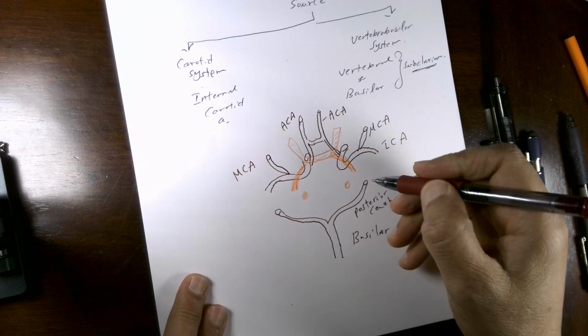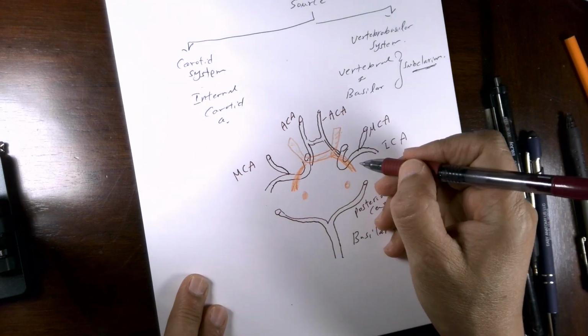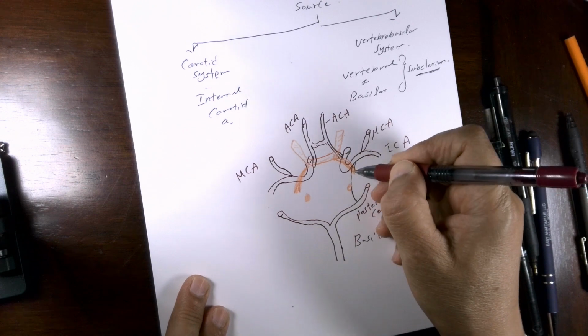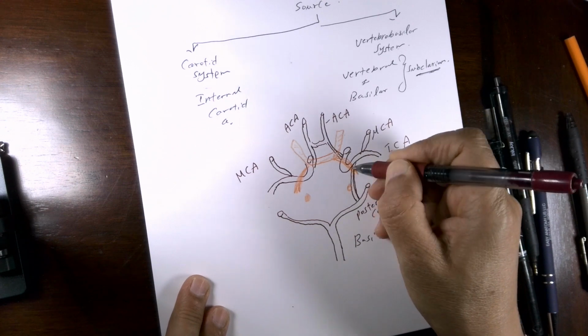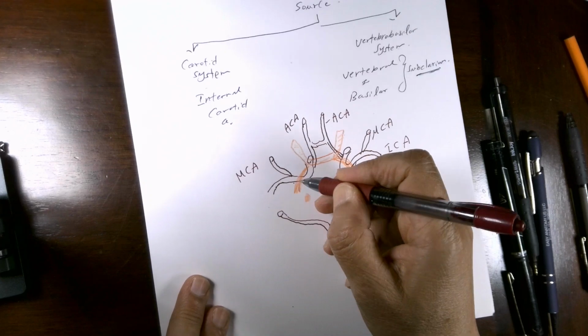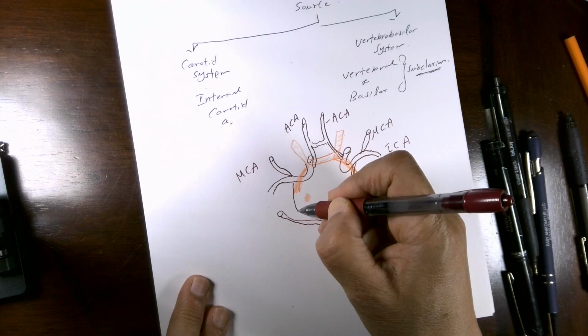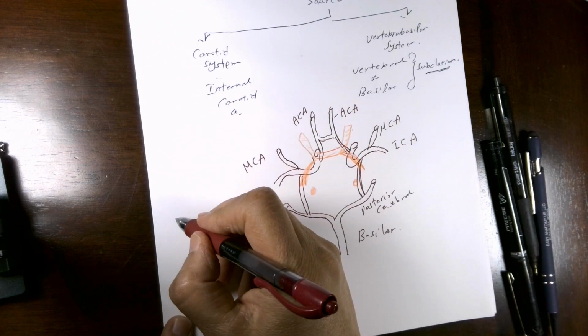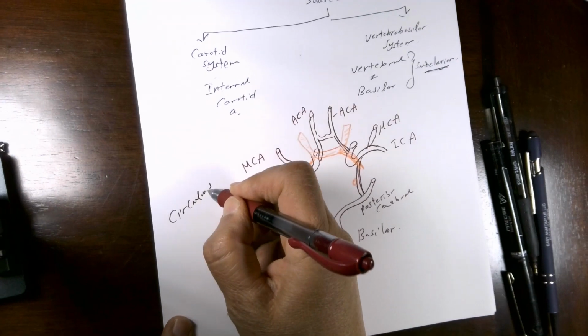Then the internal carotid joins or anastomoses with posterior cerebral through this branch, which is posterior communicating artery. So now we have closed the circle. We call it circulus arteriosus.